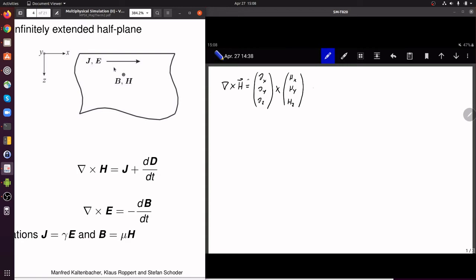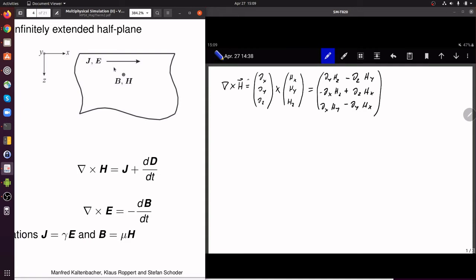Simply first write dy Hz minus dz Hy, then minus dx Hz plus dz Hx, and the last row dx Hy minus dy Hx.